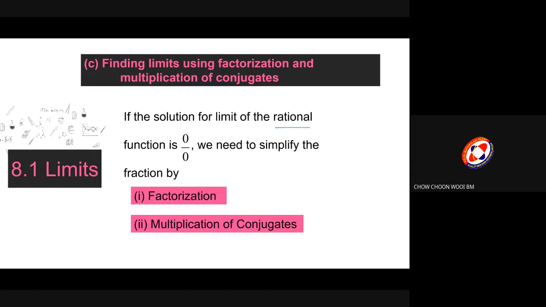Still remember conjugate dah? Conjugate kalau 3 tambah set 3, conjugate dia 3 tolak set 3. Itu chapter 1, kena ingat. So if you get 0/0, then you can either factorize it or multiply by conjugates.